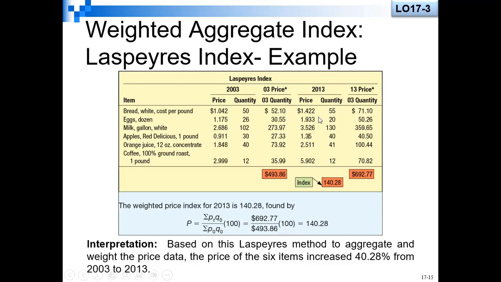And you take 1.933 and multiply by 26, okay? I need you to verify that by yourself: multiply 1.422 by 50 and see what you get.